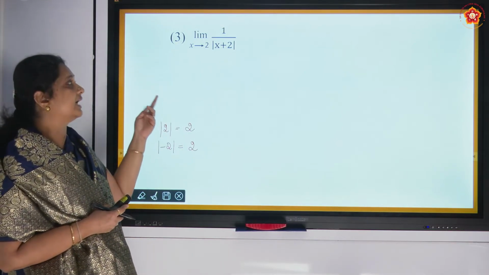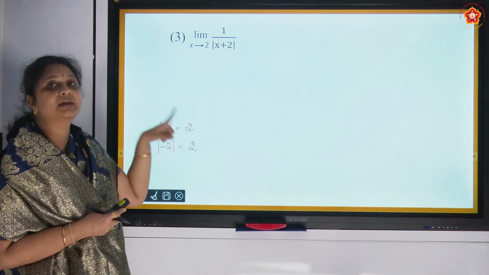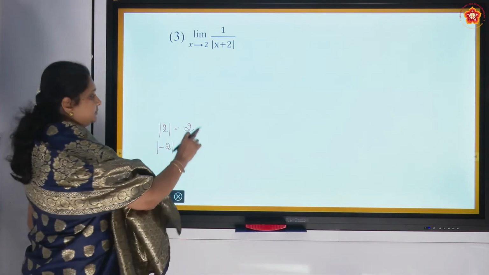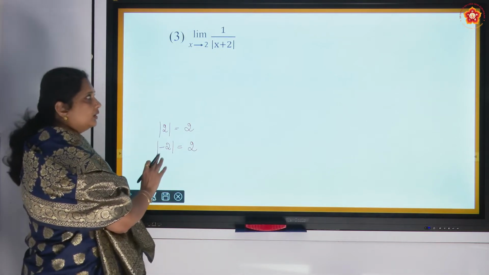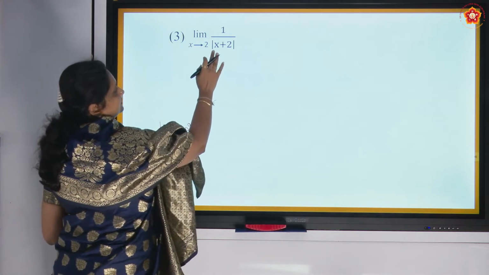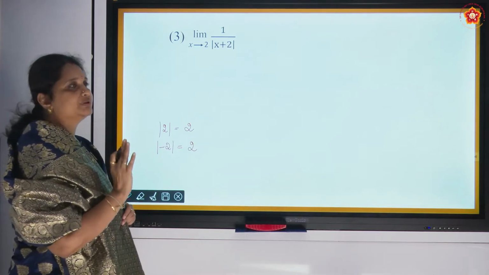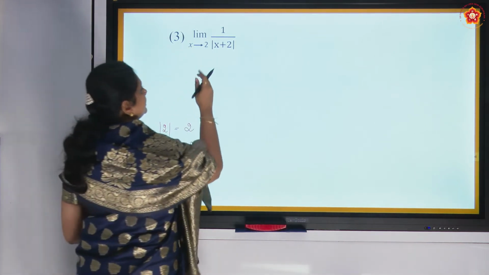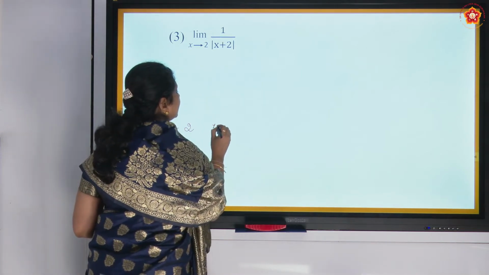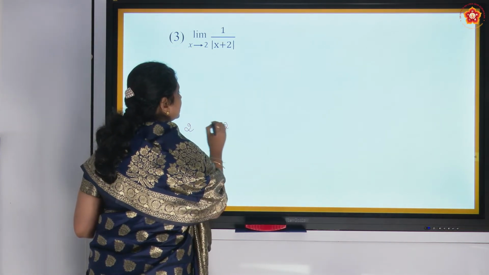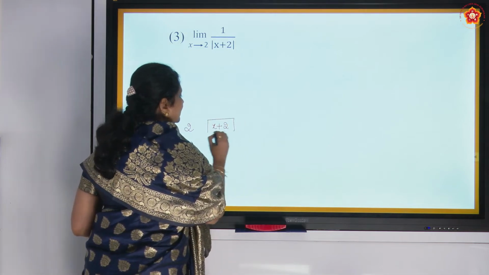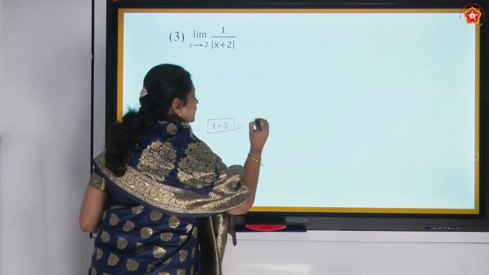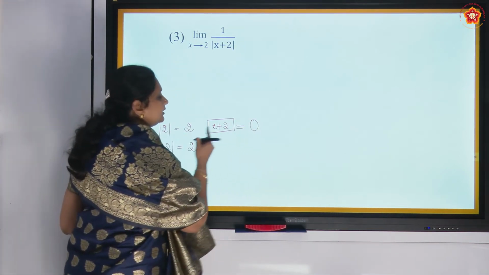So in different values, this function is going to behave differently. So now we've learned what is absolute value of a number. Now let's take this function and understand what happens to it. Now, when this function is negative, when will it be negative? This function, if you take the expression there, equate it to 0, and then find the value of x.